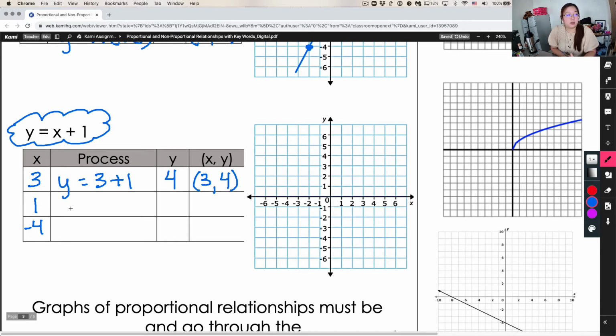Next point, y equals 1 plus 1. 1 plus 1 is 2. So when x equals 1, y equals 2, so our point is 1, comma, 2. Just like that. And then maybe pause the video here for a second, see if you can get this on your own. Right?